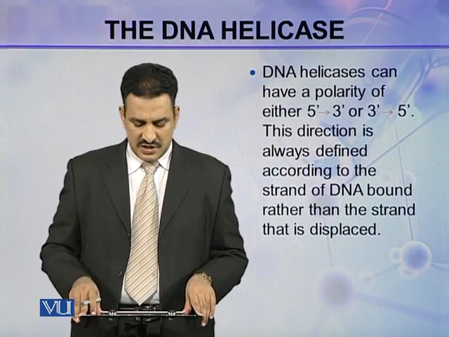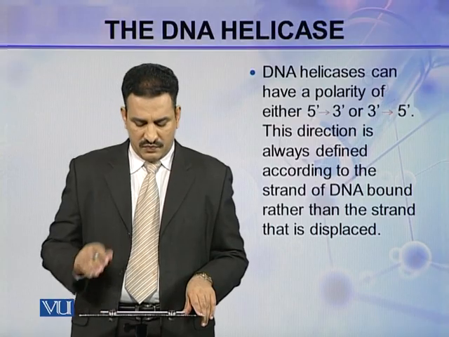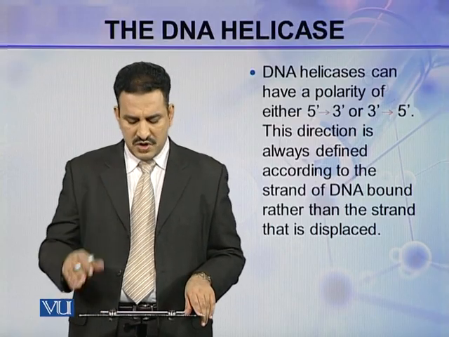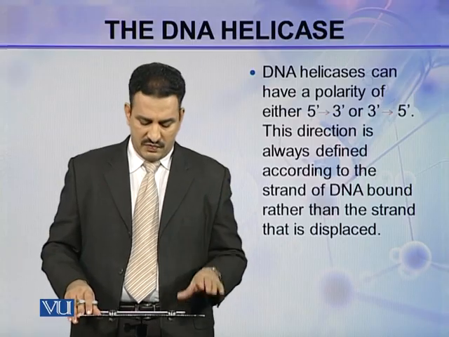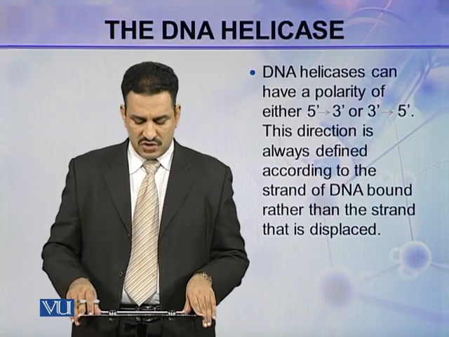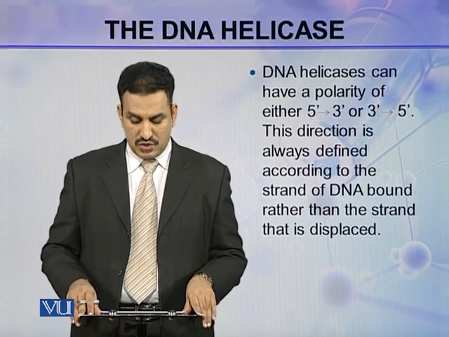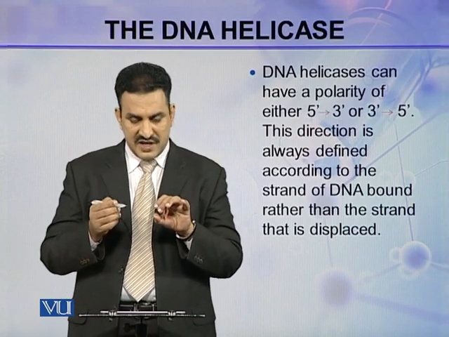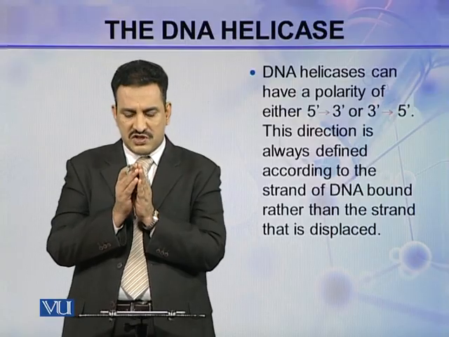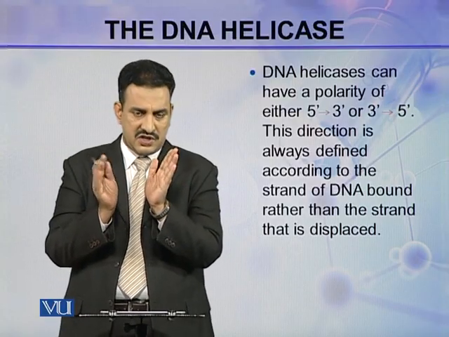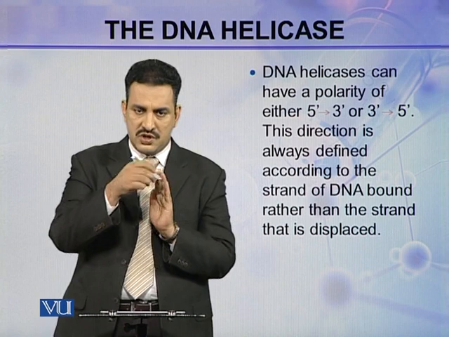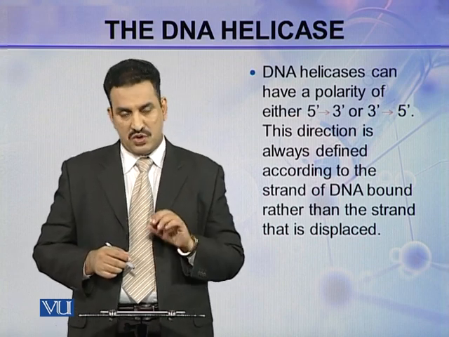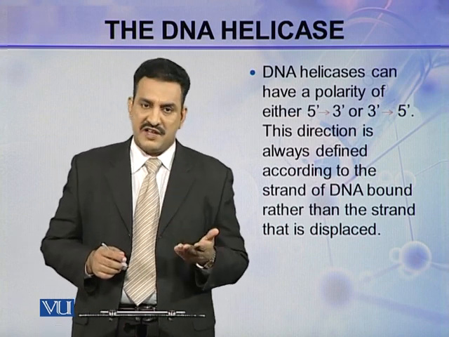DNA helicases can have a polarity of either 5 prime to 3 prime or 3 prime to 5 prime. This direction is always defined according to the strand of DNA bound rather than the strand that is displaced. One strand is displaced and the other strand is the one bound to the DNA helicase. So the bound strand defines this direction.